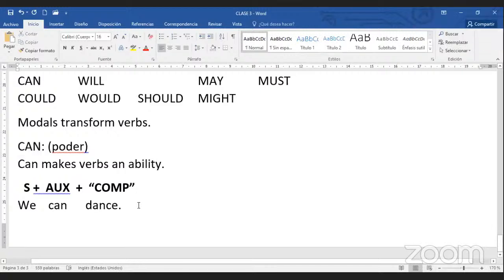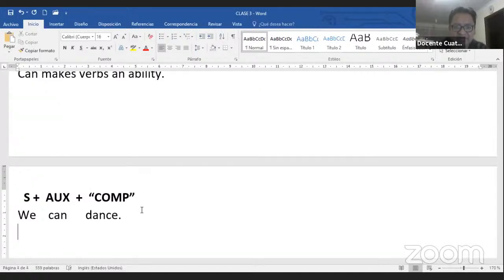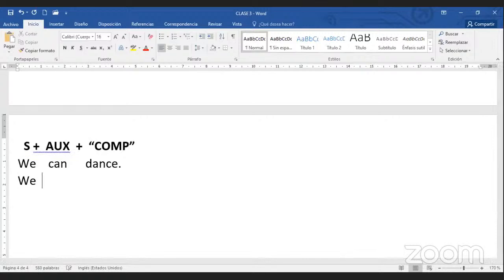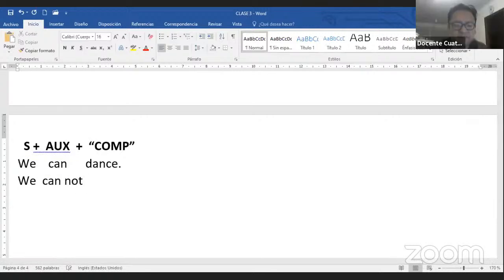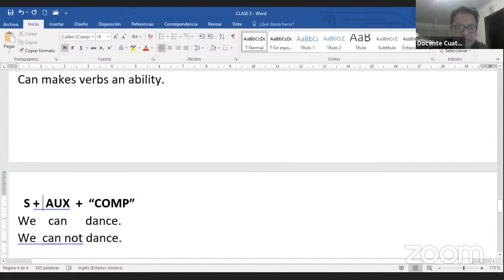Now, let's go back to the example. But can is the auxiliary, is the modal. So let's see. Liber, can you give me the negative sentence of the example? We cannot dance. Very good. It's the same idea. You have the auxiliary and you put the not and everything else.